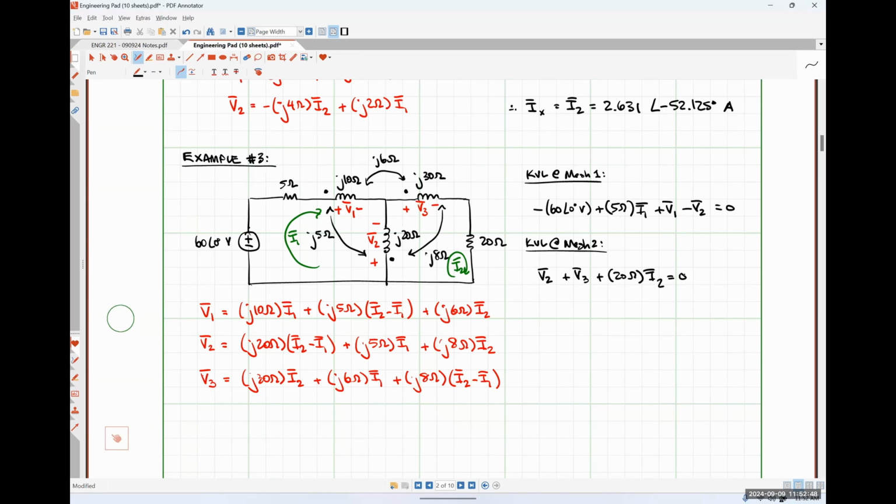And then we would solve that system for whatever it was that we were looking for, which I forgot to define. So let's call that current IX. And from this, IX is the same as I2, which should give you 0.862 with an angle of negative 51.90 degrees.